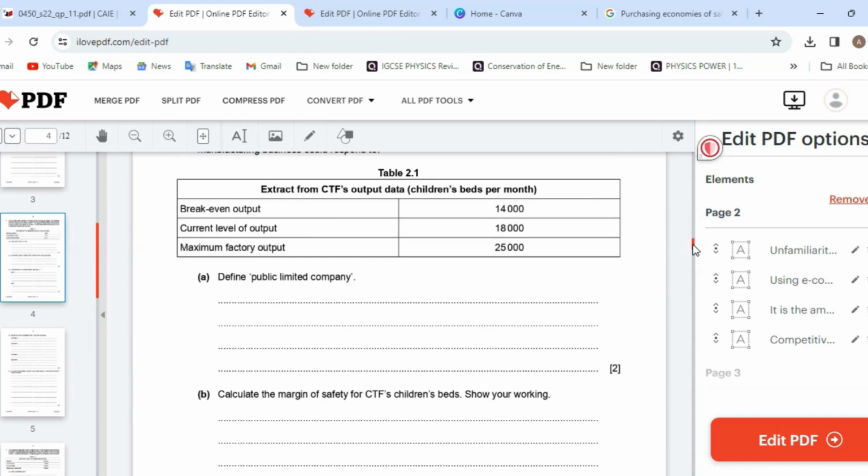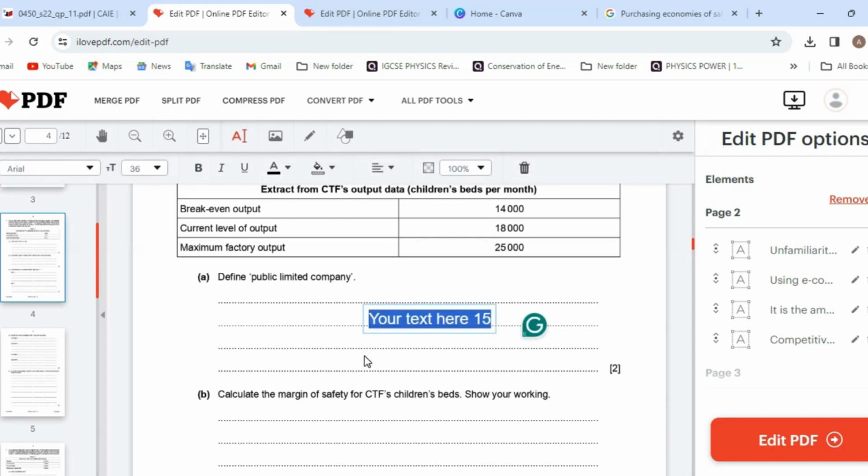Of course, you are correct. It's a business owned by shareholders and they can sell shares to the public. Yes, they can sell to the public and their shares are also tradable on what? On the stock exchange. Now let's try and put our definition here.